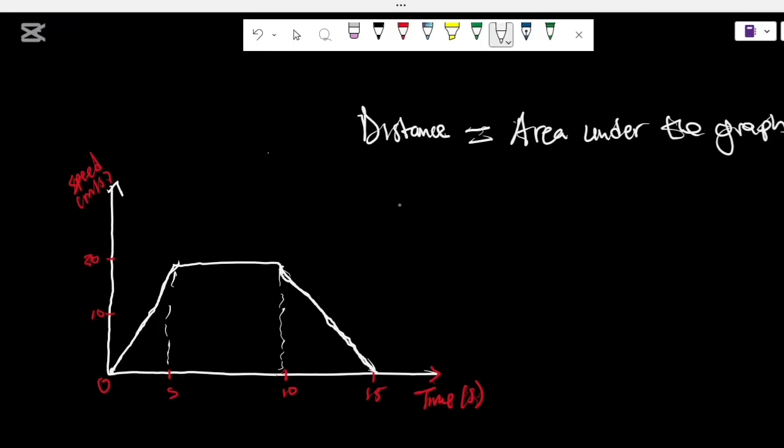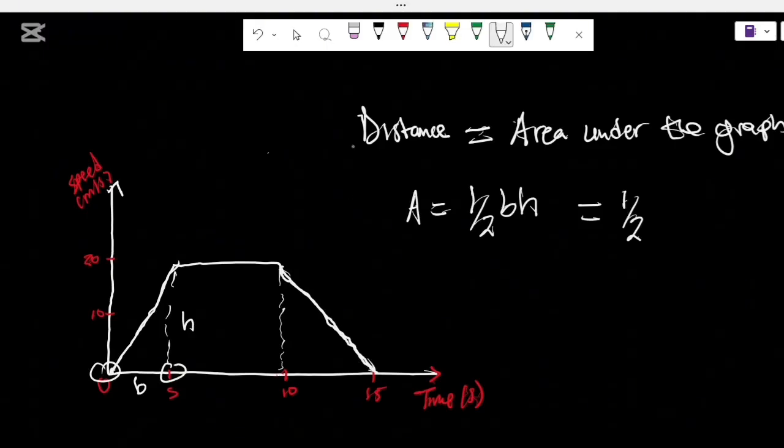So all you have to do is get the formula for the area of the triangle, which is going to be half BH. In this case, the B is from 0 to 5, which is actually 5, and the H, the height, goes up to 20.